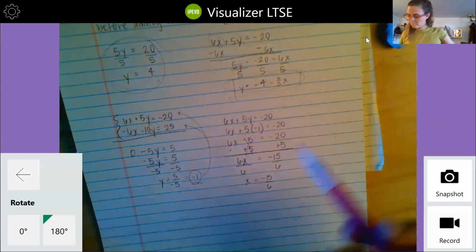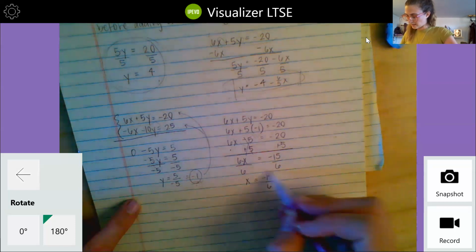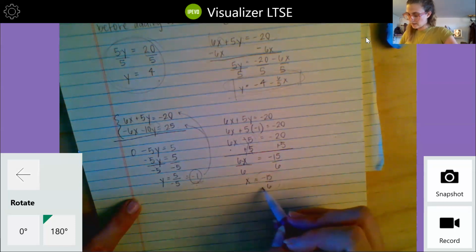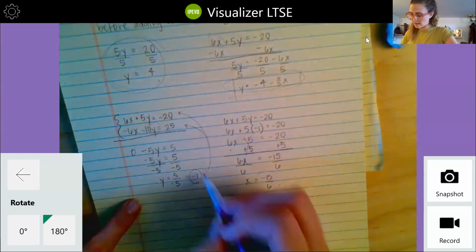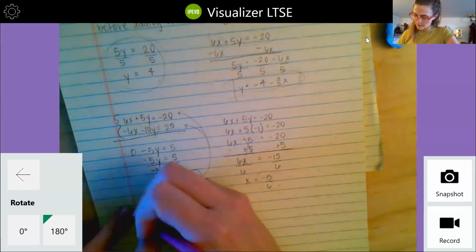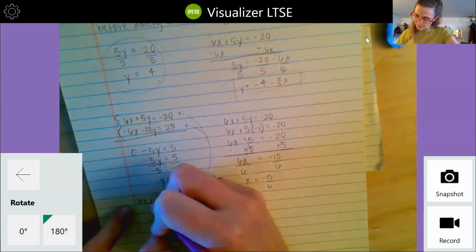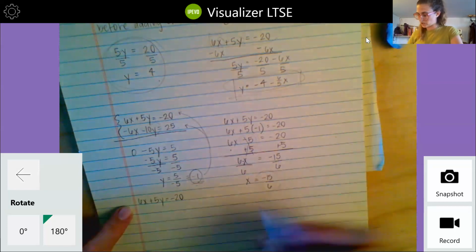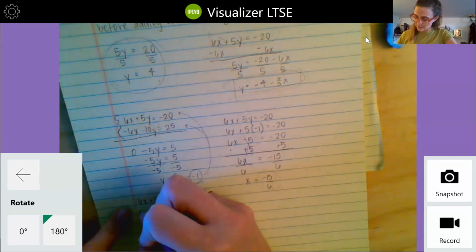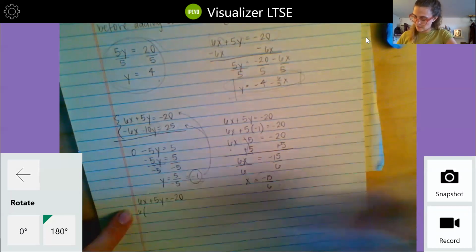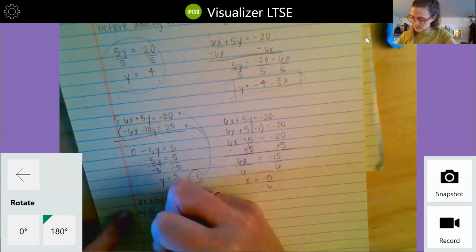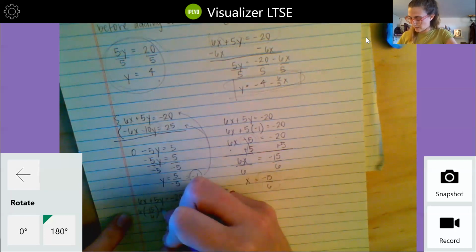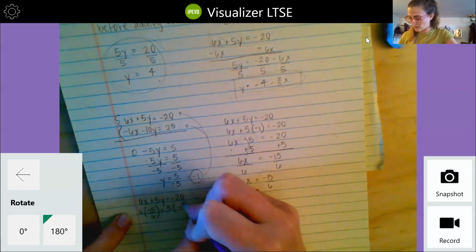So let's plug in -15 over 6 for x and -1 for y in that first equation, 6x plus 5y equals -20. I'm going to check to see: 6 times -15 over 6 plus 5 times -1.